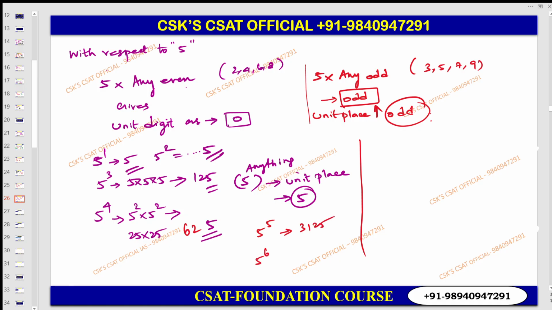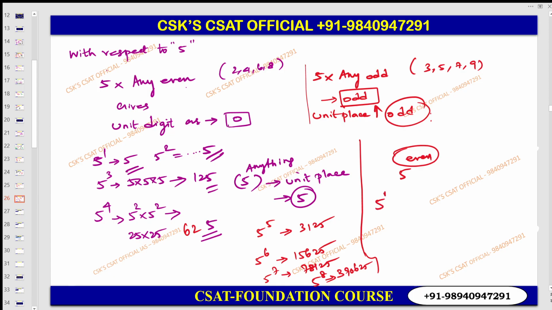What is 5 power 6? What is 5 power 7? 78125. What is 5 power 8? 390625.